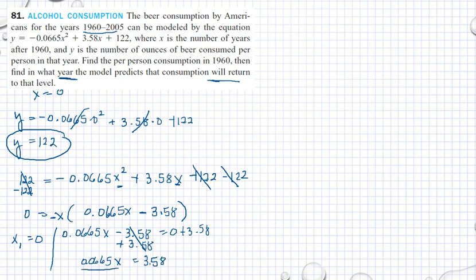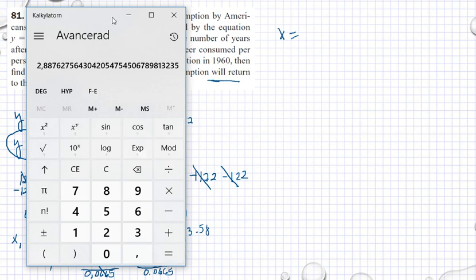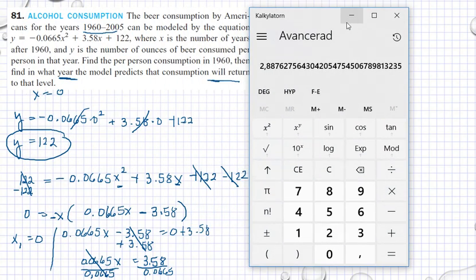If we divide both sides of the equation by 0.0665, then that is 1, and my x now is equal to 3.58 divided by 0.0665. Then it is 53.8.